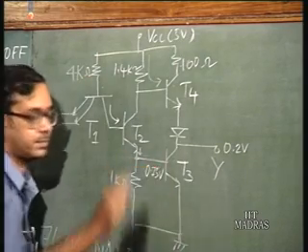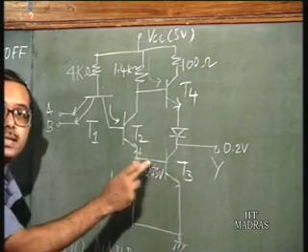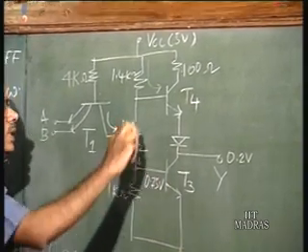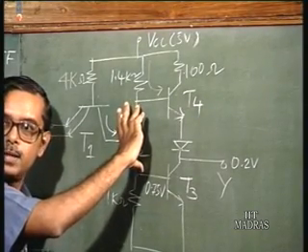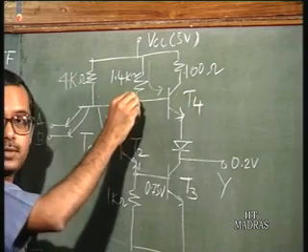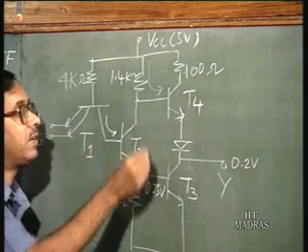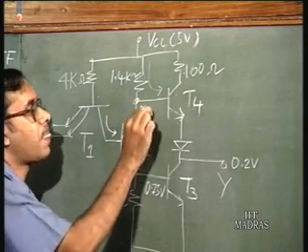Now let us assume T2 has also gone to saturation. What is the voltage at the collector of T2 in that case? 0.75 plus 0.2, so it is going to be 0.95 volts.